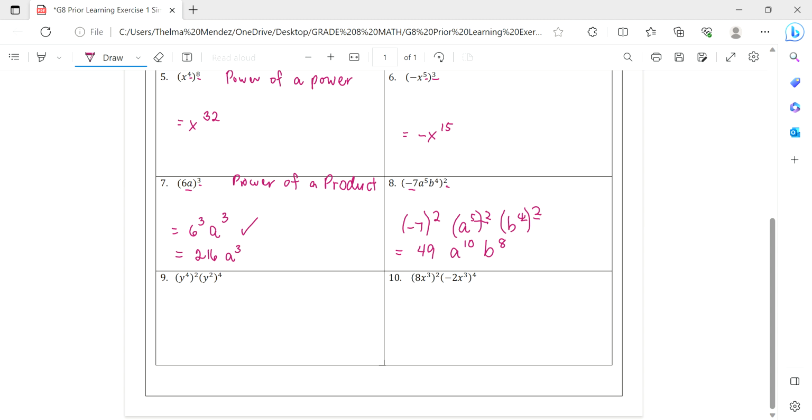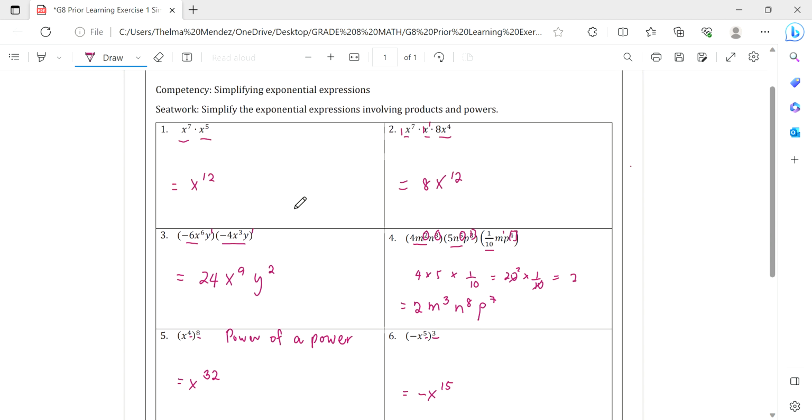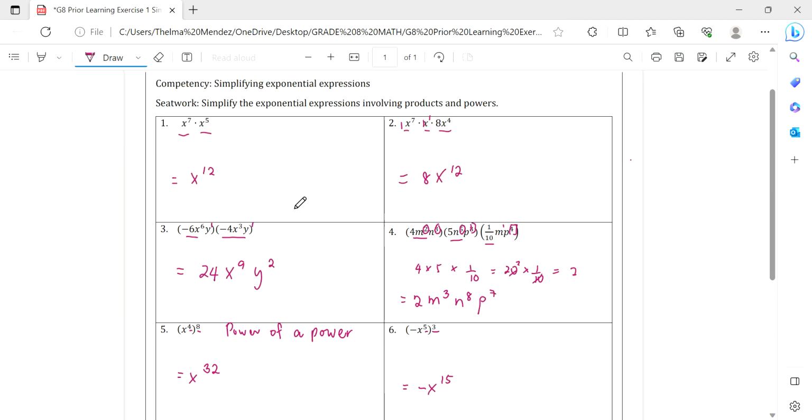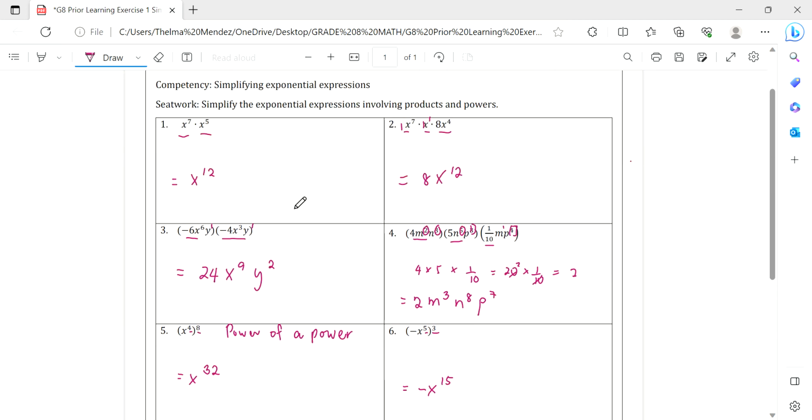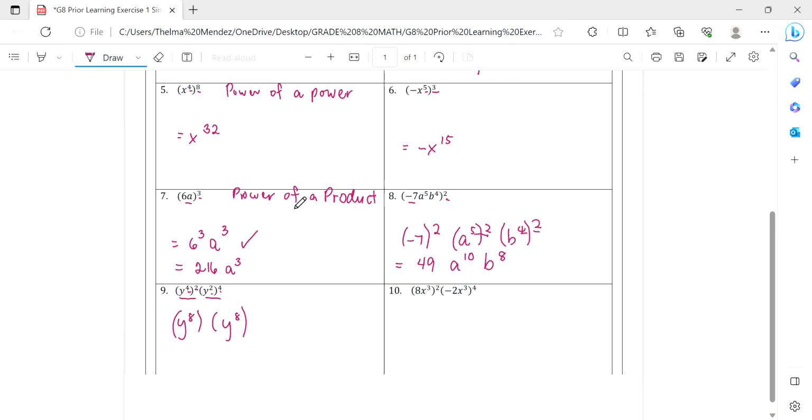For number 9, okay, this is a combination of everything. So power to a power here, we have y, 4 times 2, 8. And then we do the second one, y, 2 times 4 is 8. Now we go to the same as the first example, x raised to 7 times x raised to 5.